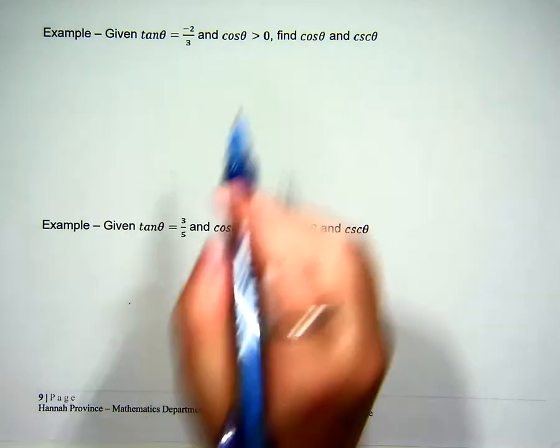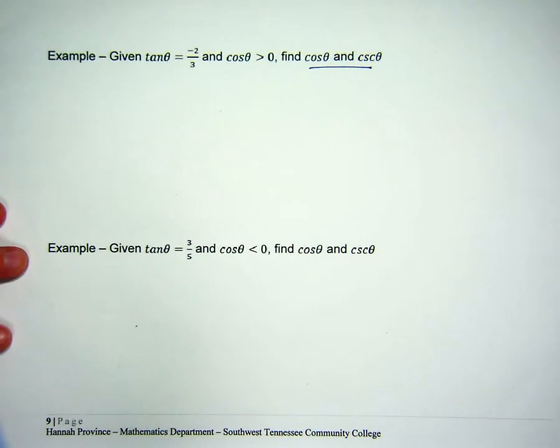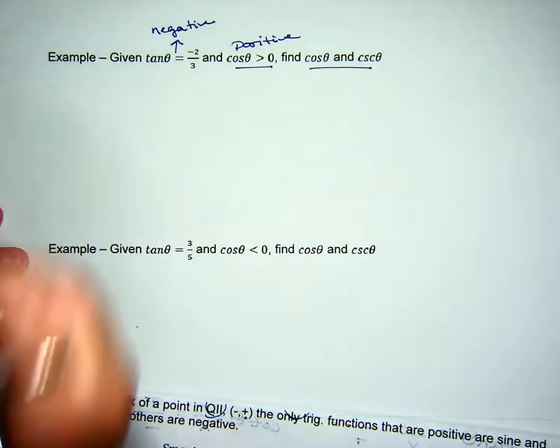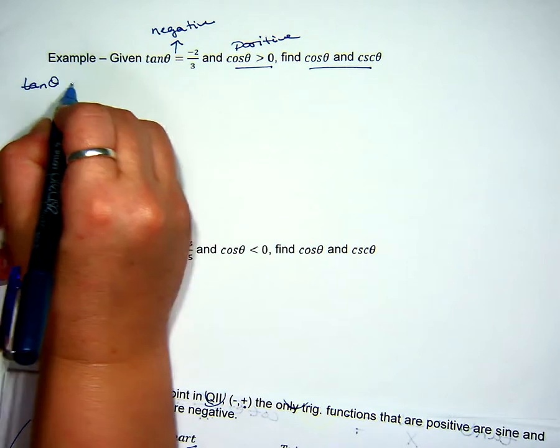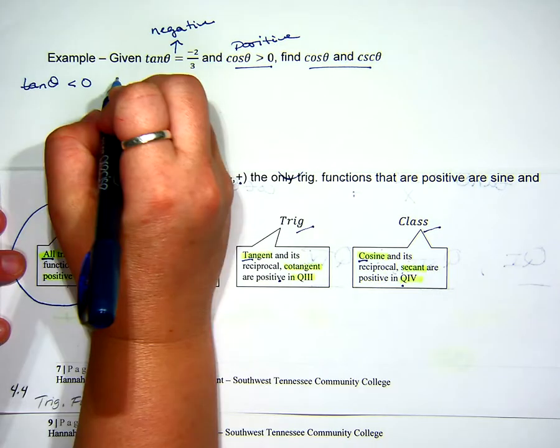So first of all, it says find cosine and cosecant given the following information. Tangent theta is negative 2/3. This is negative. And cosine greater than 0. That's positive. Alright, first of all, tangent of theta is less than 0. Where? Tangent of theta is less than 0, meaning negative, in quadrant 2 and quadrant 4.